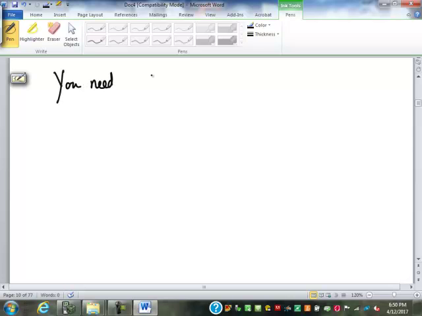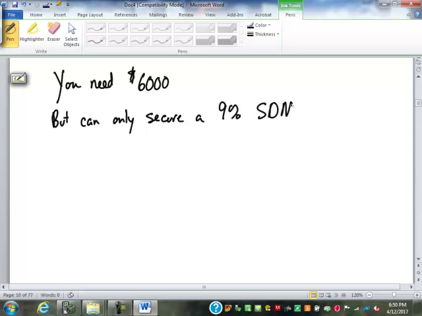Let's say you need $6,000. And you have to get $6,000, which means you cannot take $5,900. You have to have $6,000 because you need that for something you need to do. But you can only get or secure a 9% simple discount note, and you need that money for 120 days.